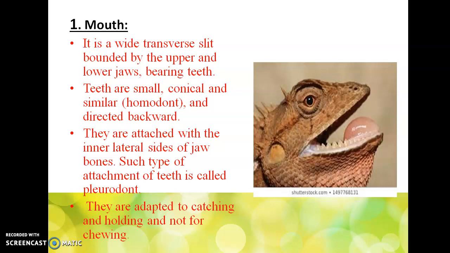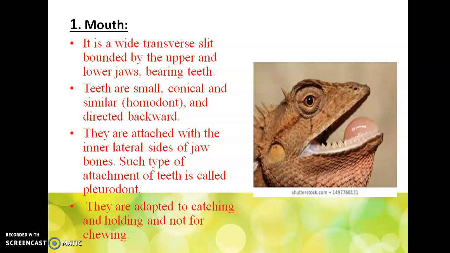They are generally attached to the inner lateral side of the jaw bones, and such attachment of teeth is called pleurodont. Pleurodont is the condition in which the teeth are placed in the sockets of the jaw, and this animal is adapted to catching and holding, not for chewing the prey.